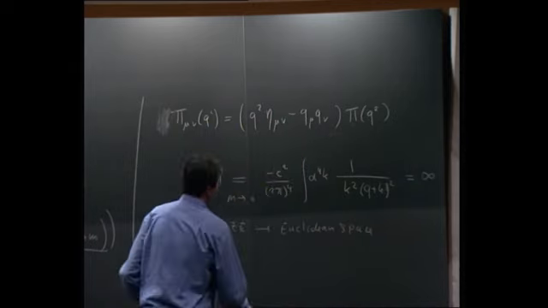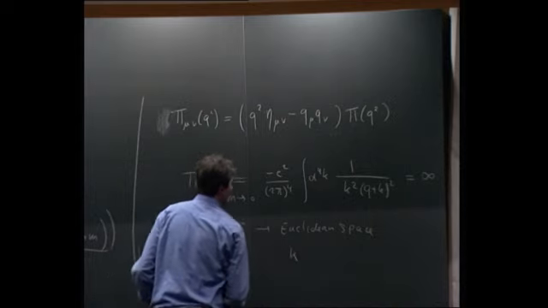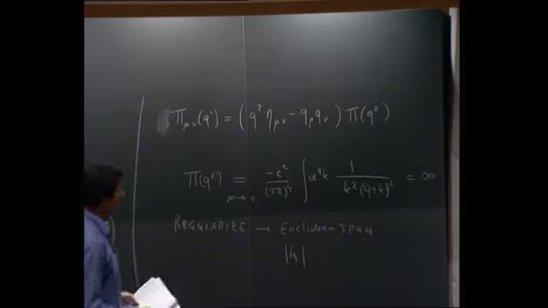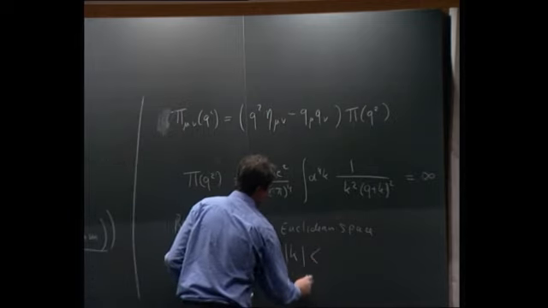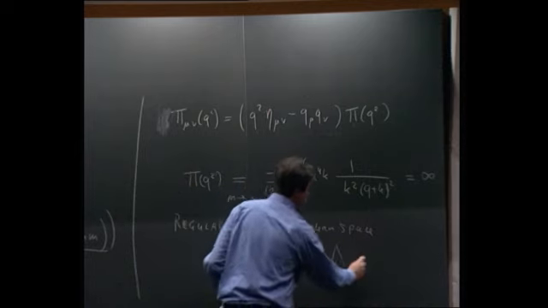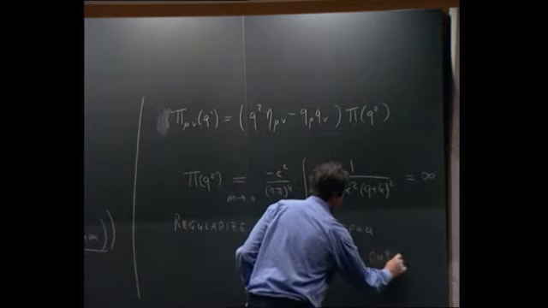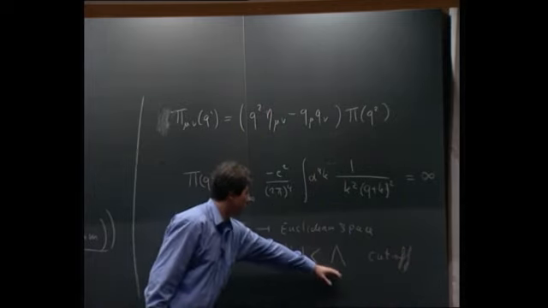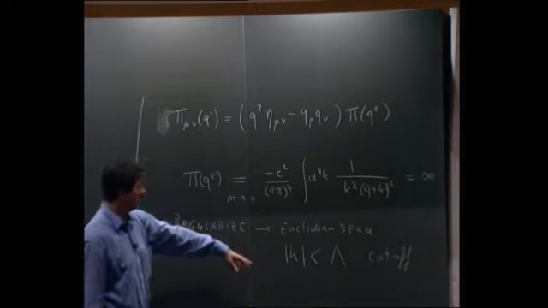And then I can talk about the length of the vector k, and I'm going to just assume that in Euclidean space k is not larger than a certain value lambda, which I call the cutoff. So I'm going to cut off the integration at a certain high momentum, which I call lambda.